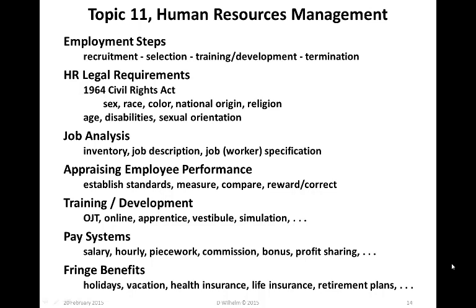Job description describes the job. This is what people's responsibilities and activities are. A job specification, which I'd prefer to be called a worker specification, describes the characteristics of a person who would be likely to fulfill the job description successfully.